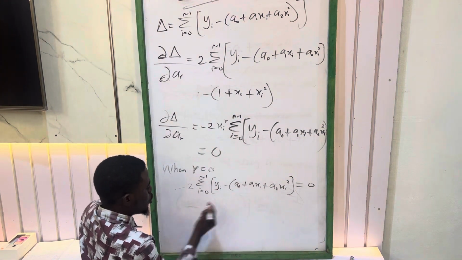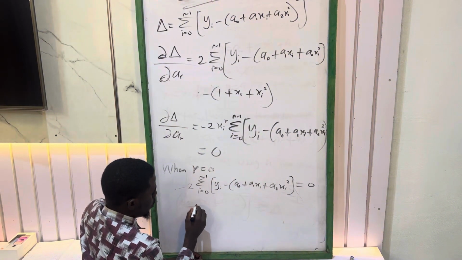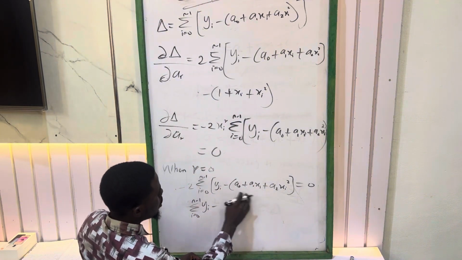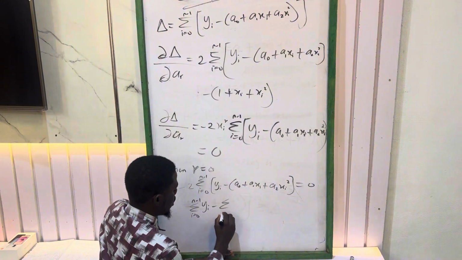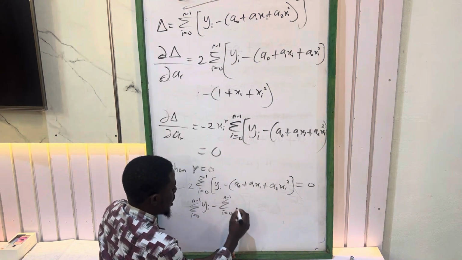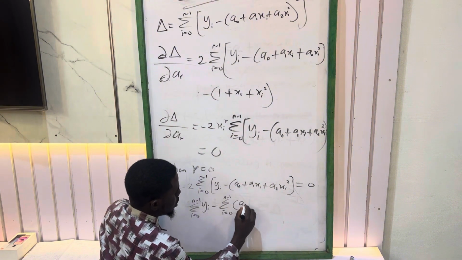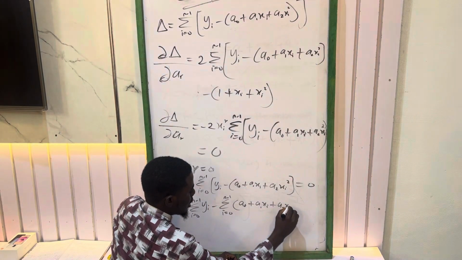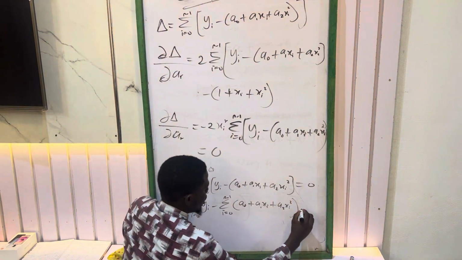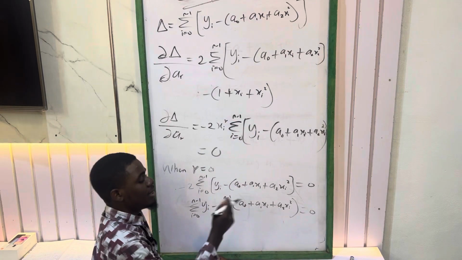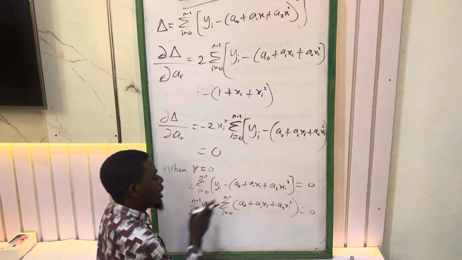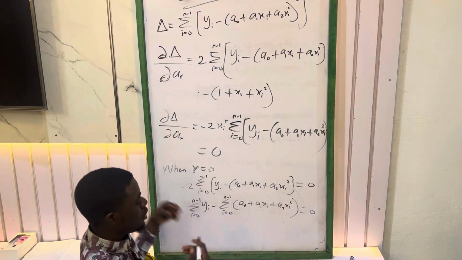Opening this up, we have the summation of i equals 0 to n minus 1 of yi, minus the summation of i equals 0 to n minus 1 of a0 plus a1 xi plus a2 xi all squared, and all this is equal to 0. We can take either one of these terms to the other side. If I take this to the other side, the negative becomes positive; multiplying throughout by minus 1 gives the same answer.